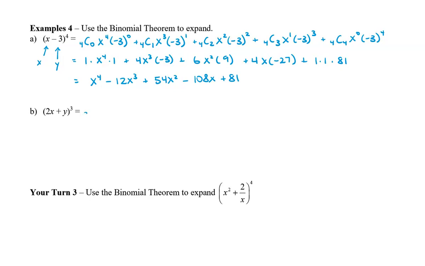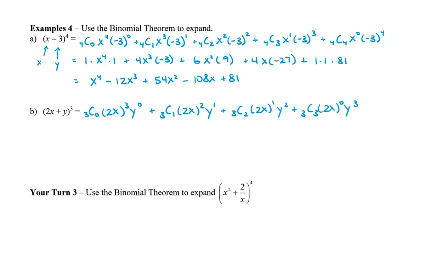So we're going to start with 3C0, and then we're going to have (2x) in brackets cubed, y to the 0, plus 3C1, 2x, and it's squared because it's decreasing, y to the 1, it's increasing, plus 3C2, 2x to the power of 1, and then we have y squared, and then the last term is 3C3, 2x to the 0, and then y cubed.